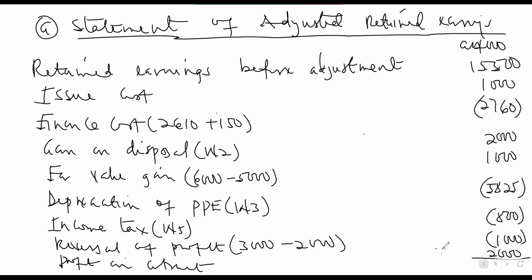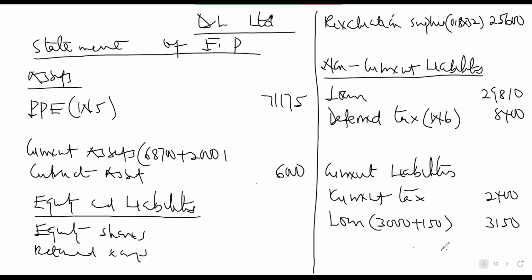I'm getting 11,115. Can someone confirm that? Yes, correct. Okay. So let's go to our retained earnings. We have 11,115.